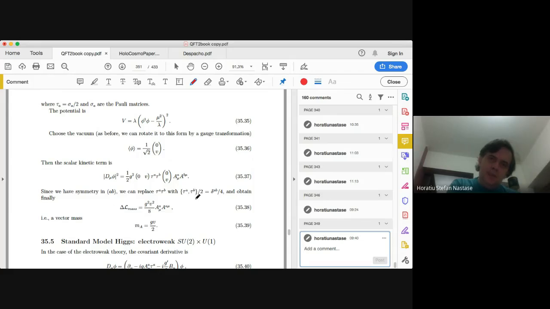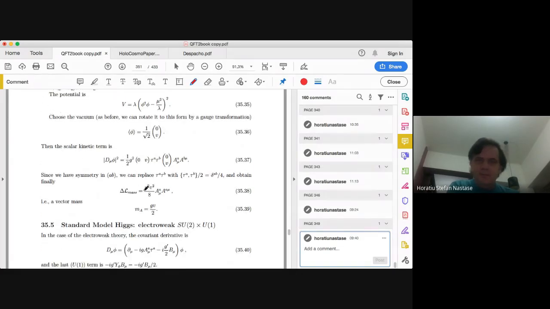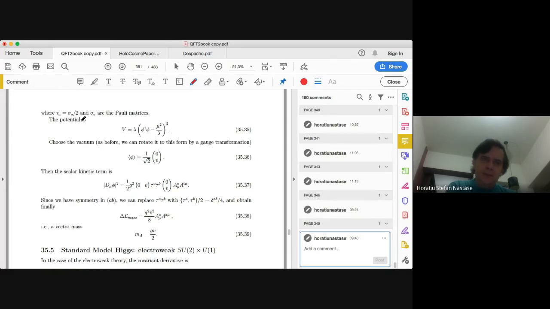So the anticommutator of tau a tau b over 2 is, of course, delta ab over 4, because tau a is sigma a over 2, and the anticommutator of sigma a sigma b is 2 delta ab.